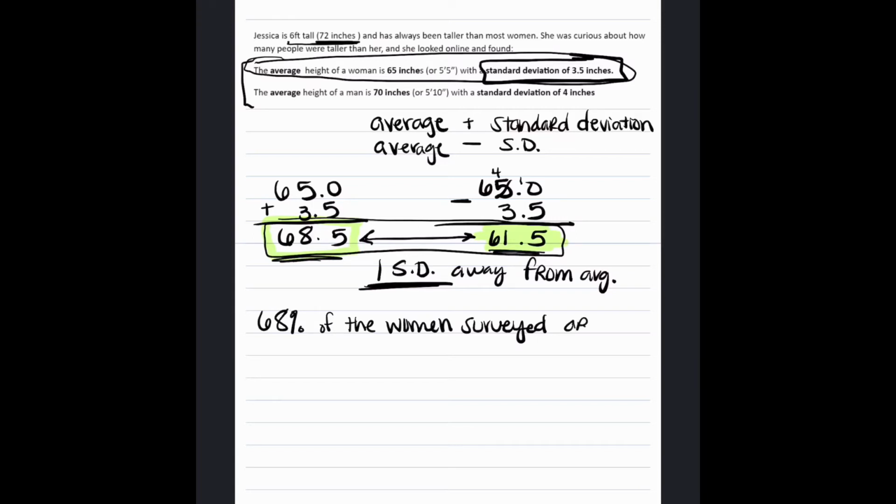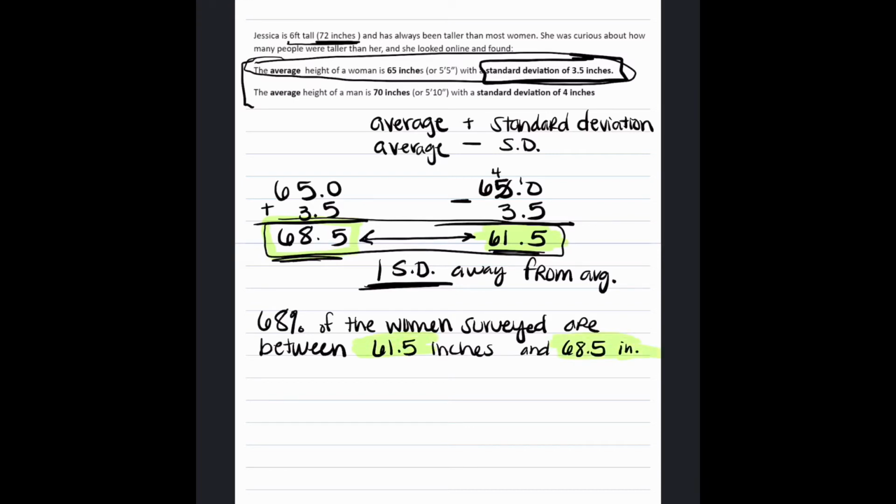I'm going to put the smallest one first, so 61.5 inches and 68.5 inches. They're asking for these numbers on the slide, so make sure you don't forget to fill this in. 68% of women are between 61.5 inches and 68.5 inches.